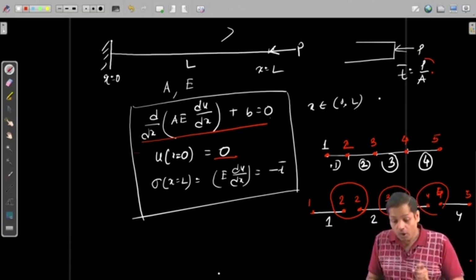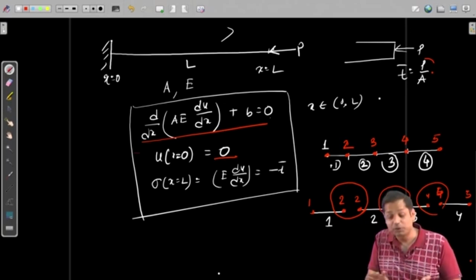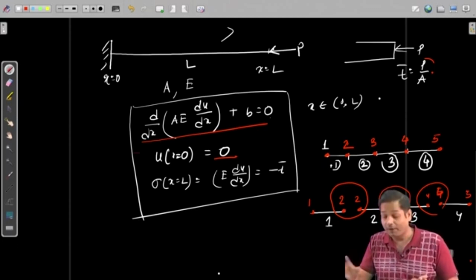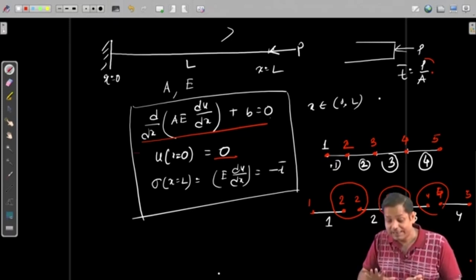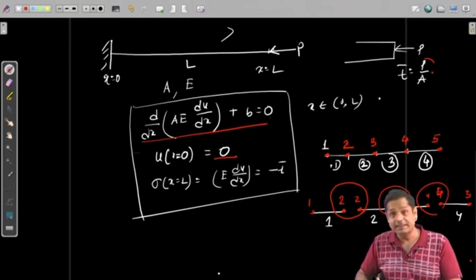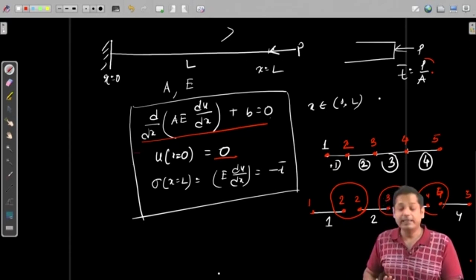But then, when we have discretized this system, when we have represented this system as a finite number of elements, say in this case 4 elements, and each element having 2 nodes, then the discretized system, after it is subdivided into elements, no longer has infinite degrees of freedom.